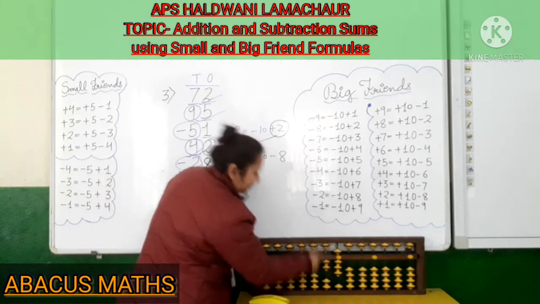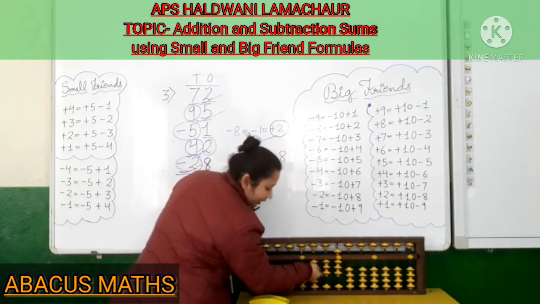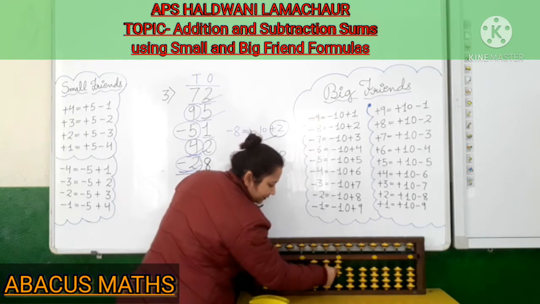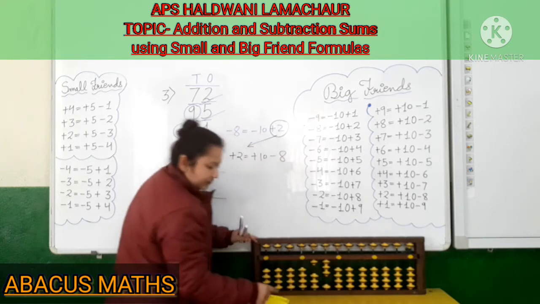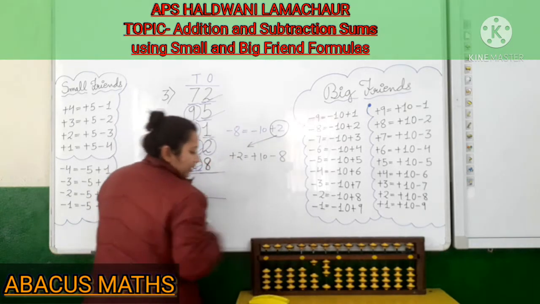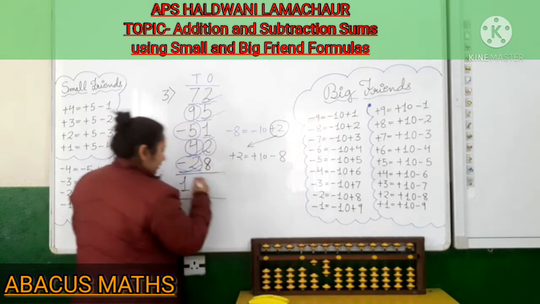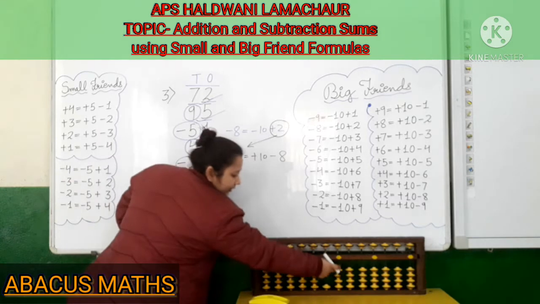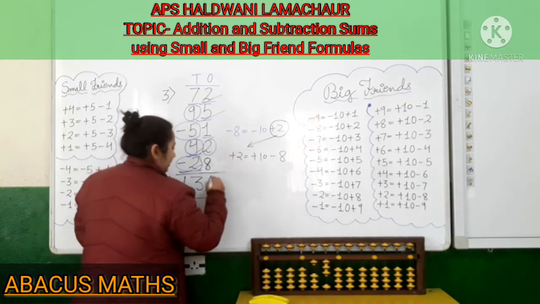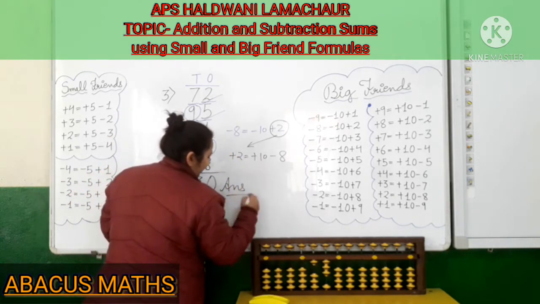Now plus 10 you will do in the one rod up and minus 8, 5, 6, 7 from the same rod. And this is your answer now. See 1 in hundreds rod, 3 in tens rod, and here nothing means 0. So your answer is 130.